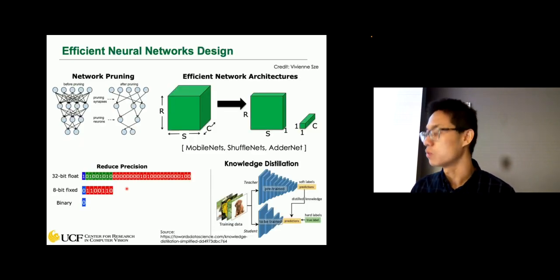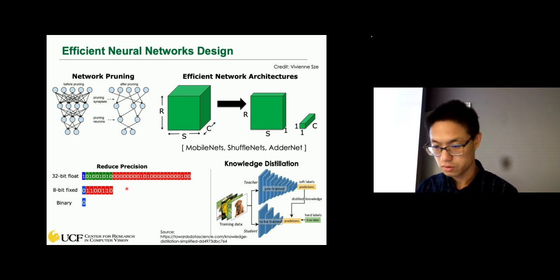Just to have a very quick recap from last week's lecture, right? So we talked about efficient neural network design, right? So you have different options you can choose, right? We can use network pruning, right? Basically reduce the size of the network, and you can also come up with some strategies for efficient network architecture, right?